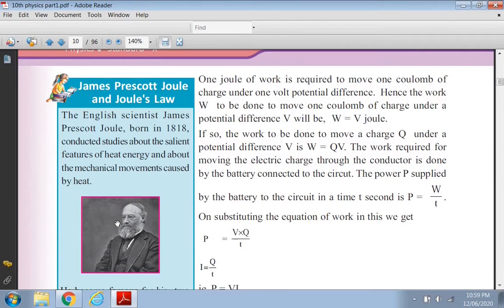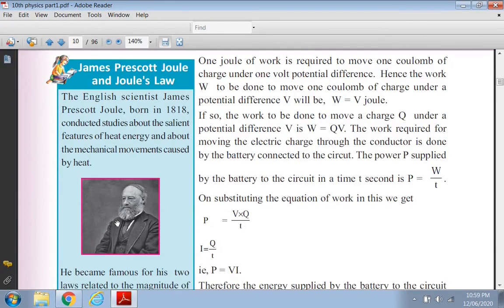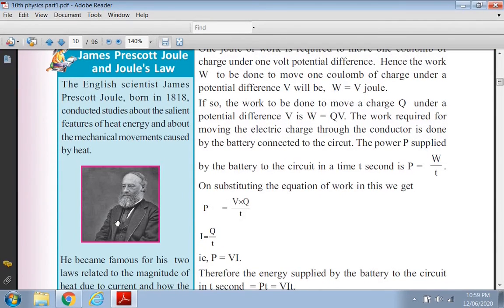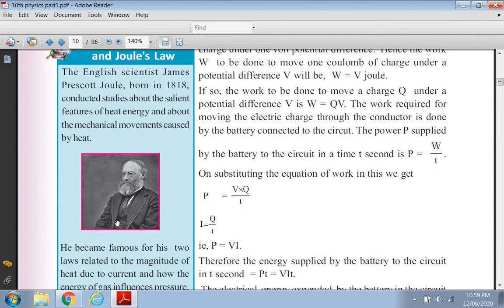1 joule of work is required to move 1 coulomb of charge under 1 volt potential difference. Hence the work W to be done to move 1 coulomb of charge under a potential difference V will be W is equal to V joule.